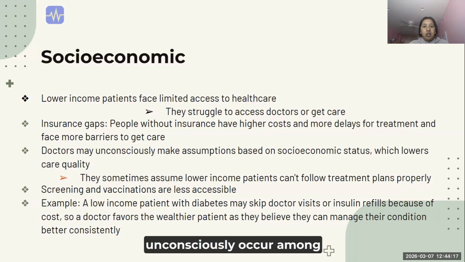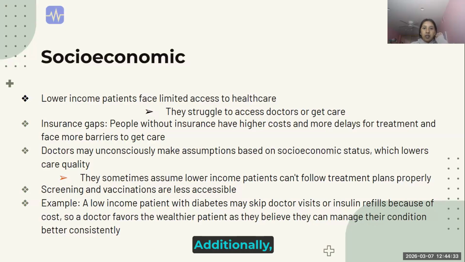Socioeconomic bias can also unconsciously occur among healthcare providers. Sometimes doctors may assume that lower income patients won't be able to follow treatment plans or afford medications. And these assumptions, while rare, can also affect the quality of care that they receive. Additionally, preventative services such as screenings and vaccinations are often less accessible to lower income communities.